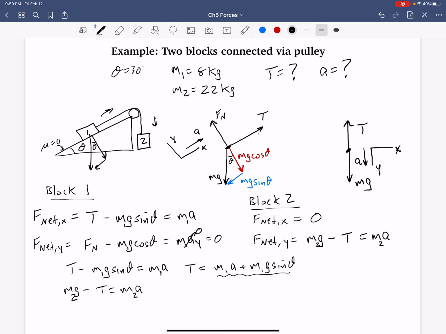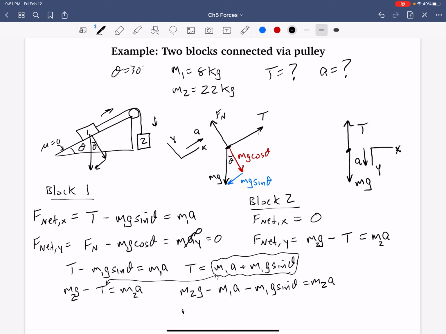I'm going to take that expression and plug it in for t in the other equation. Okay? So now we have m2g minus this whole expression, minus a. Distribute the negative, equals m2a.